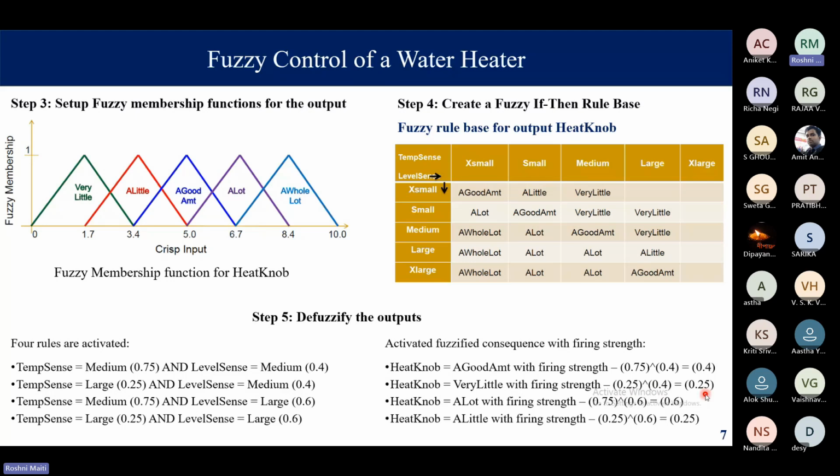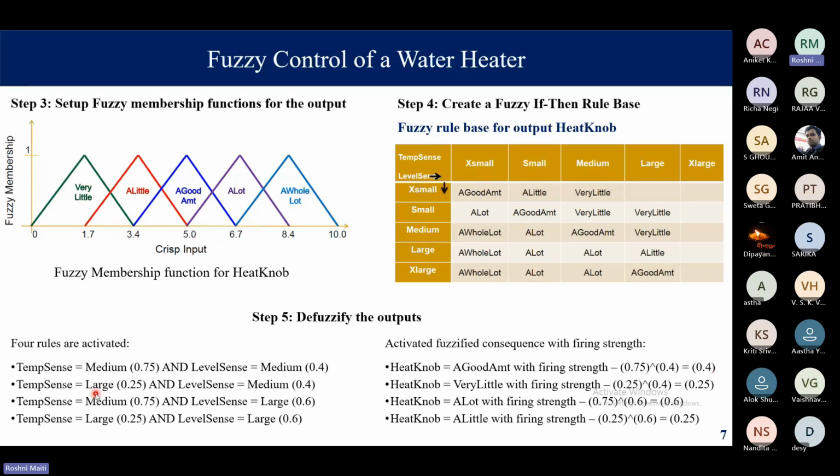From this combination, we have temperature sensor medium and level sensor medium. For this one, we have a good amount. So the heat knob will open a good amount with firing strength the smaller between these two, that is 0.4.